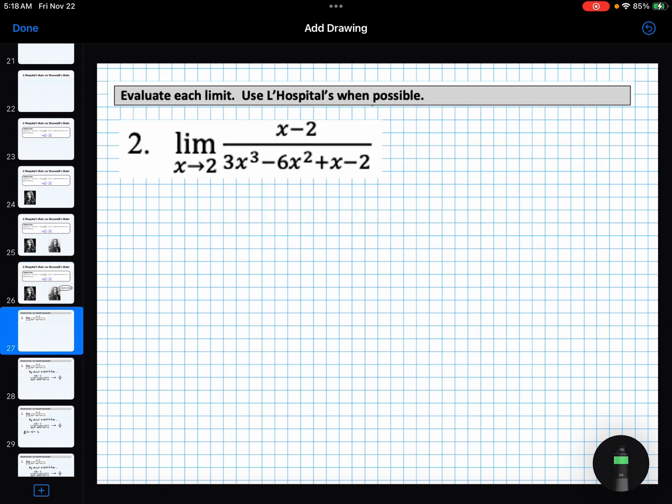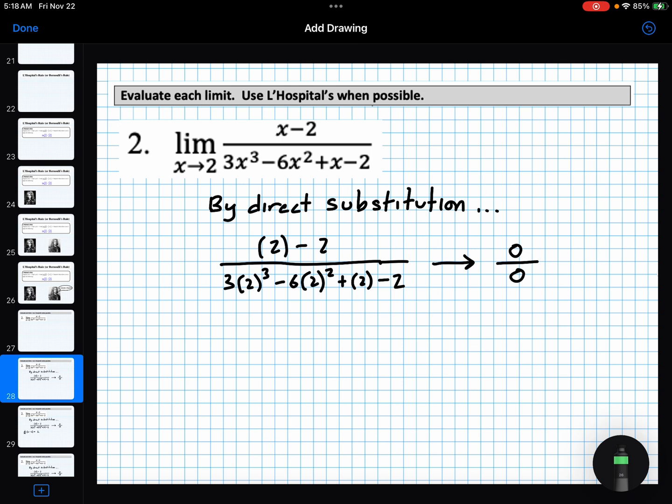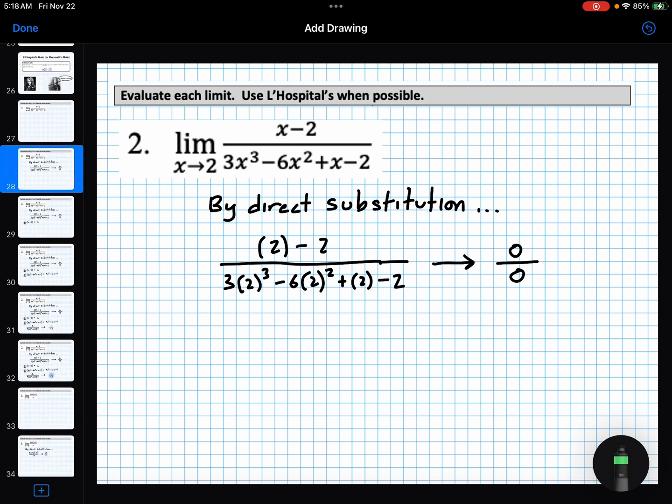All right, here we go. We're going to try to apply it. If we take this example, by the way, this is all on your worksheet, so you don't need to write this on separate paper. If we use direct substitution, we get 0 in the numerator, 0 in the denominator. We get this indeterminate form situation. So what we do is we write a new fraction.